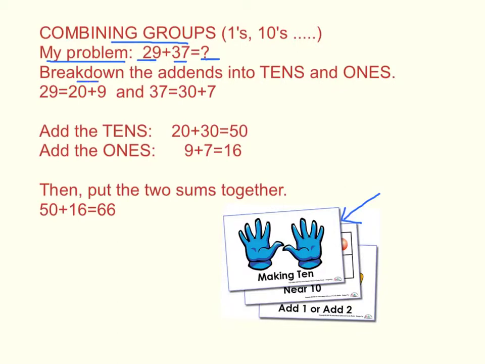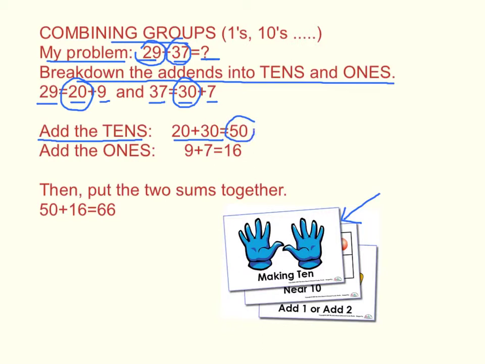So I break down the addends into tens and ones. 29 equals 20 plus 9, and our 37 equals 30 plus 7. Then we add the tens, the 20 plus the 30, and that equals 50.